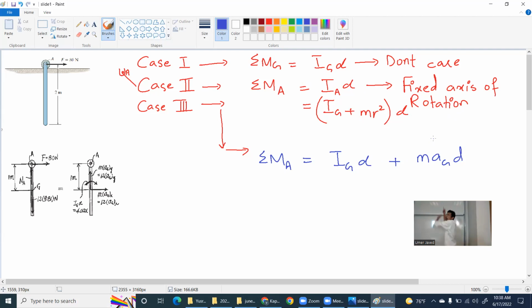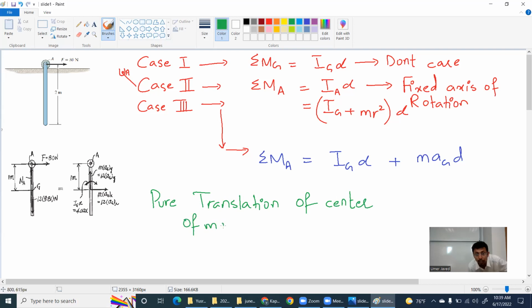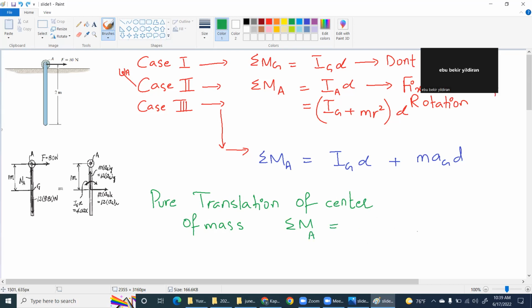Even in those problems, the M AG D term was appearing, because in pure translation of the center of mass, summation of moments is equal to IG alpha plus M AG D. Which was the term that I used to remove?